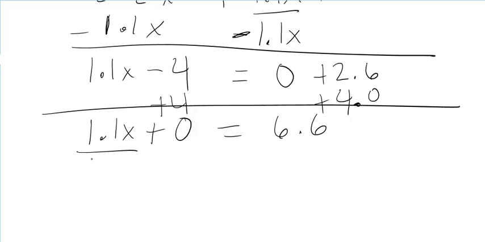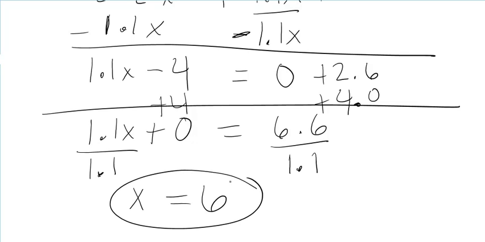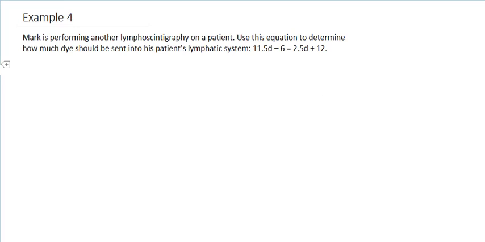So let us divide by 1.1 on both sides. So now we're left with x equals 6, because 6.6 divided by 1.1 is 6. So here's our solution. Now let's look at one last one.